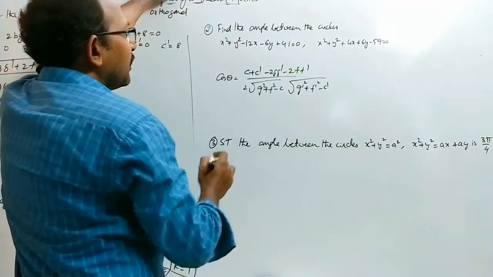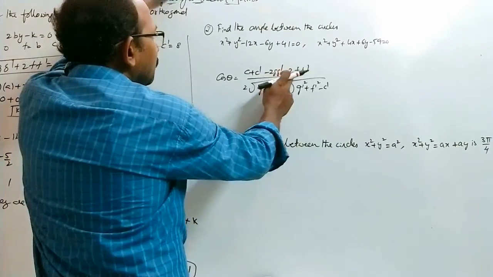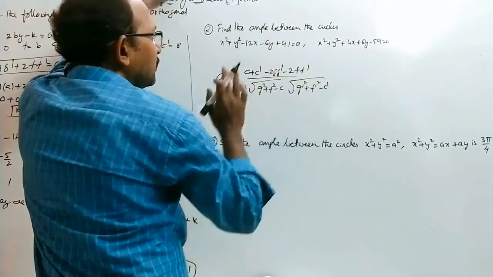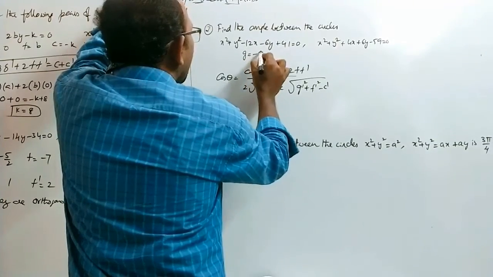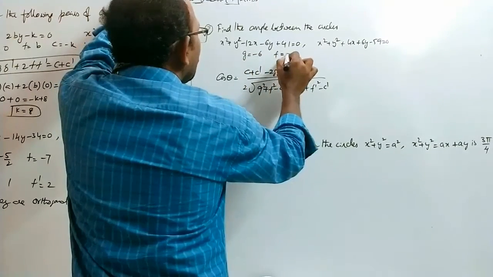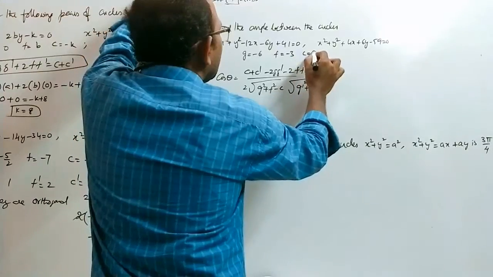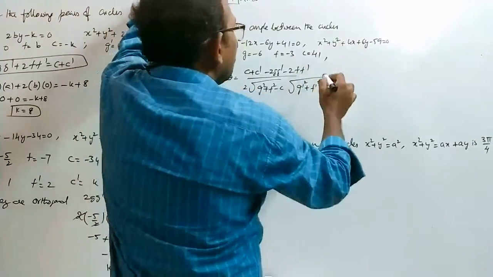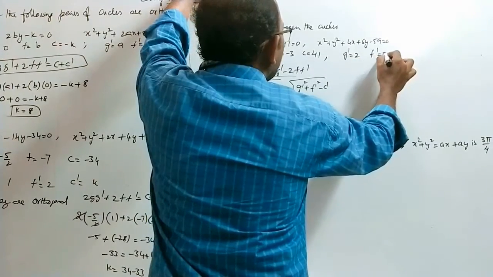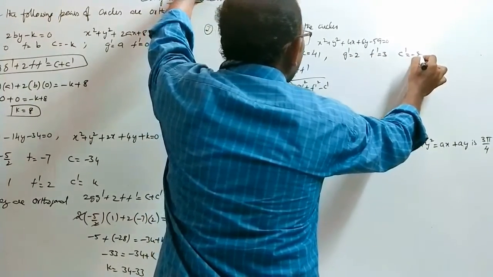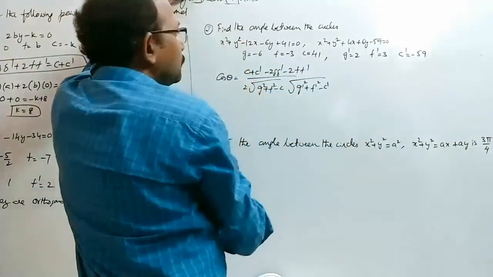Now let us find again here also G, F, C and G dash, F dash, C dash. Therefore here G is equal to minus 6, F is equal to minus 3, C is equal to 41. Here G dash is equal to 2, F dash is equal to 3, and C dash is equal to minus 59. Let us substitute in this problem.